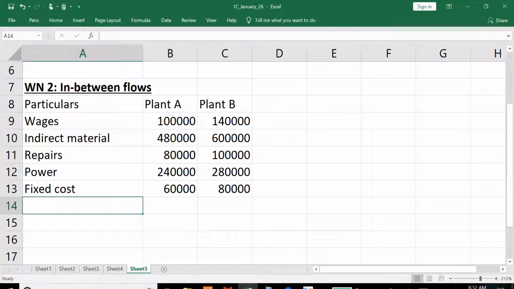Write down the various outflows which are given in the question: wages, indirect material, repairs, power, fixed cost. Any doubts on this? Okay, now listen. We have written these 5 numbers.